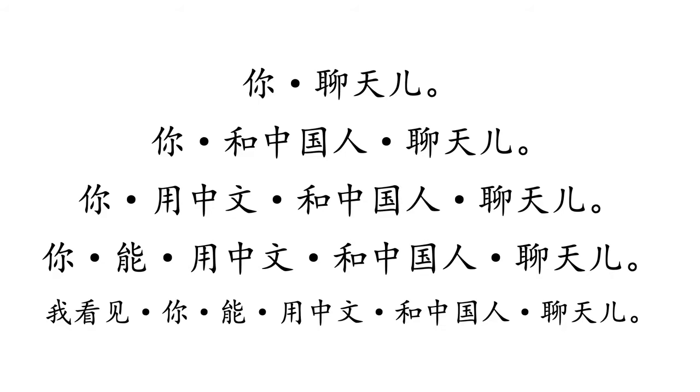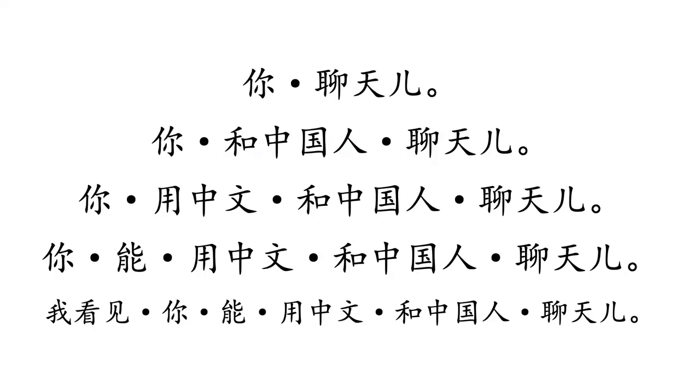But the point is that in this case, 和 helps to modify 聊天. So it's relating 你 and 聊天 by saying who 你 is speaking with, which in this case is 中国人. So it's kind of fun with this type of sentence to break it down with the multiple verbs like this, so you can start to see how sentences build up.